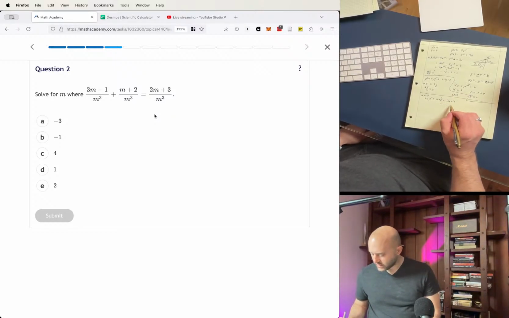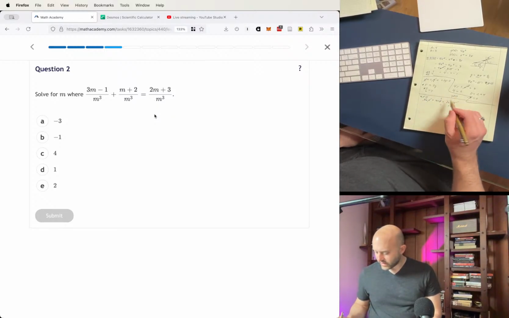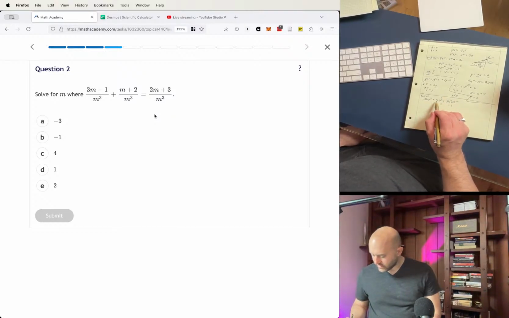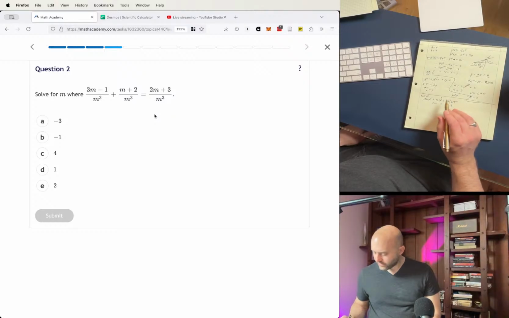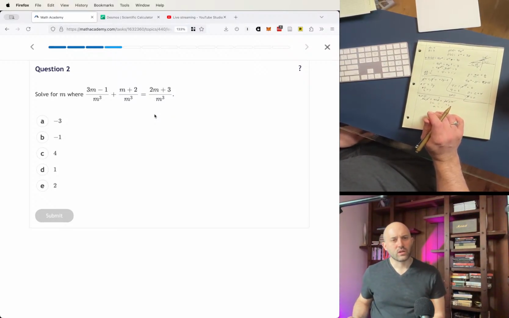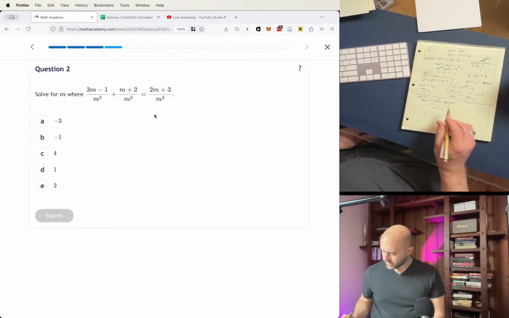So minus 1 on this side, so it's plus 2. We'll just leave an m on this side, cancel the m on this side, 2m on this side. So we have m plus m, so 2m equals plus 2, so m equals 1. Let's just double check real quick. If m equals 1, we have 3 minus 1 is 2, plus 3 is 5, and equals 5. Yep, okay, so m equals 1.